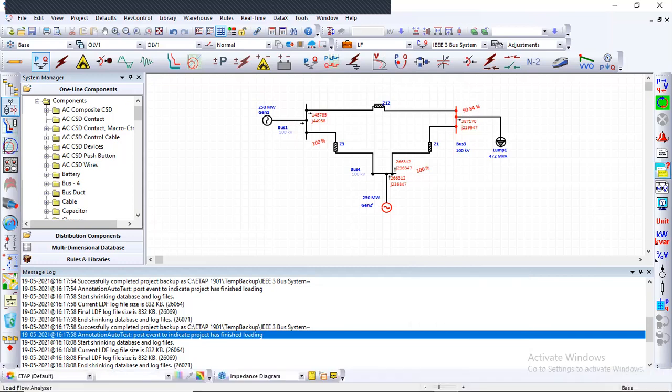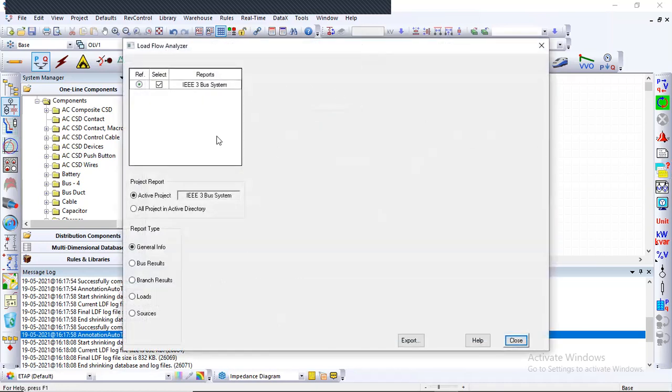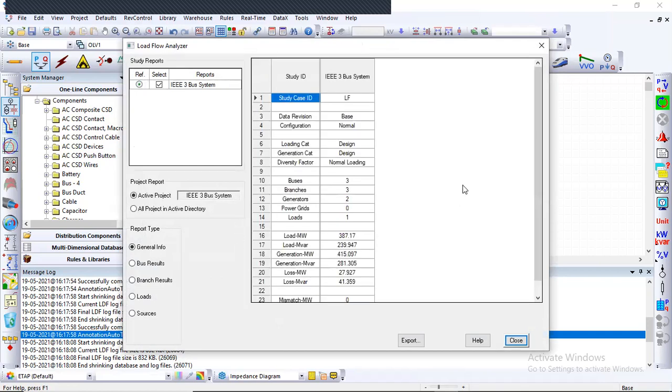So we are moving toward the next aspect, which is the load flow analyzer. This option can tell us about the file regarding load flow analysis and the things we need to generate, like a report, with the data in this table.